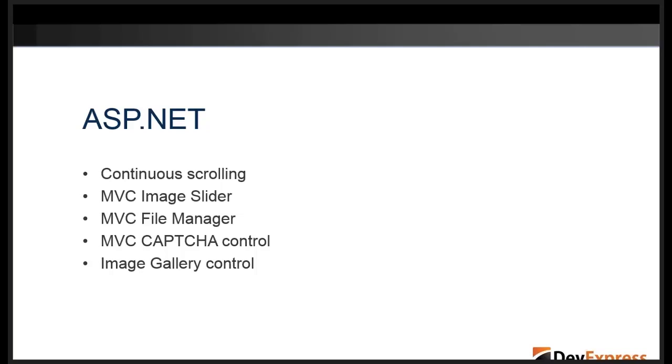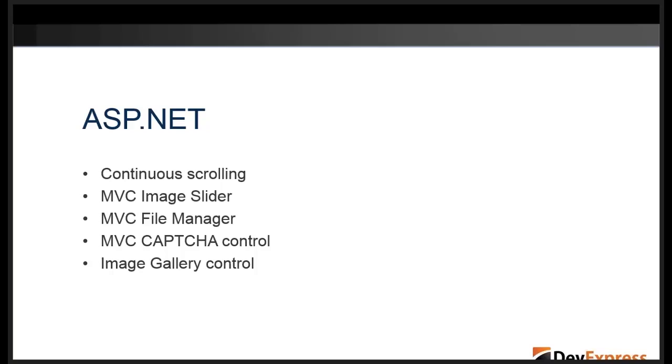It's not like our server mode, where we have a paged manager, so we load up pages at a time. This is more about the effect you get when you use the timelines in Twitter or Facebook. So continuous scrolling is available for the grid and the tree list and all that kind of good stuff.